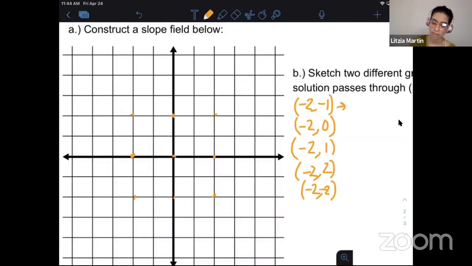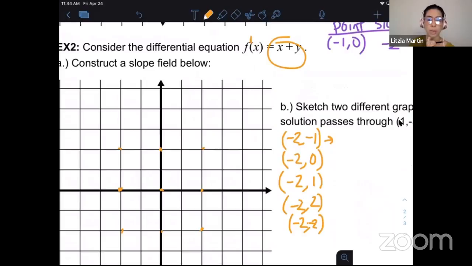But when I plug it in to the differential equation here, that's going to give me -3 as a slope, because -2 minus 1. Then -2 plus 0 is -2. -2 plus 1 is -1. -2 plus 2 is 0. And -2 minus 2 is -4.